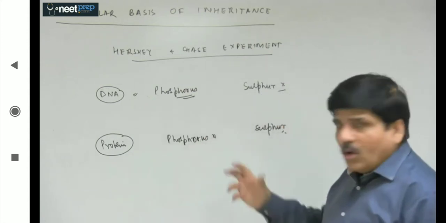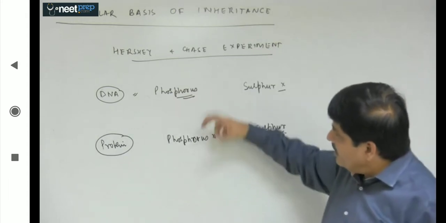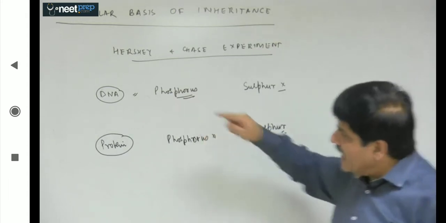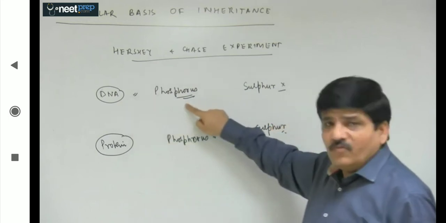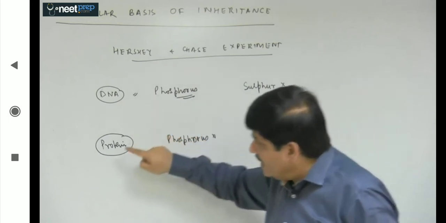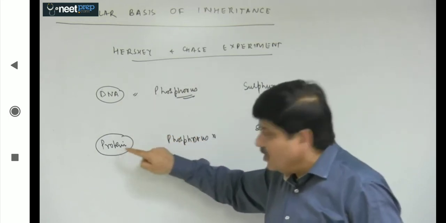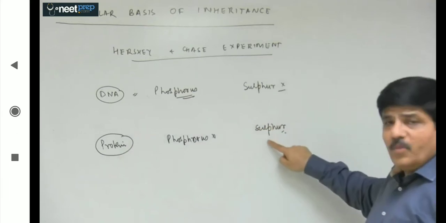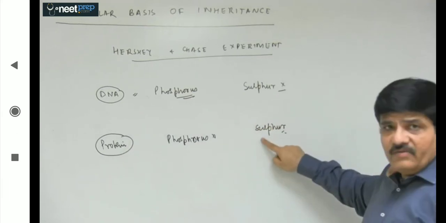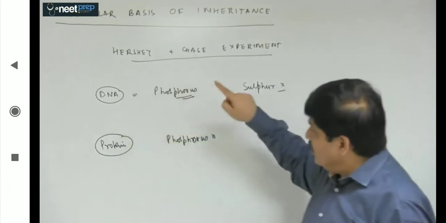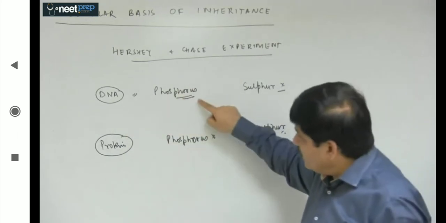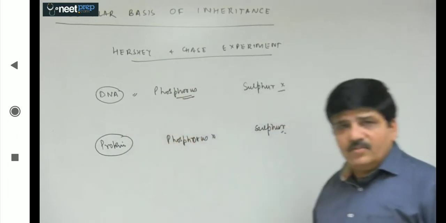So the idea was to differentially radioactively tag the two. You can tag DNA radioactively by using a radioactive isotope of phosphorus, and you can tag the protein by using a radioactive isotope of sulfur. A radioactive isotope of sulfur will not tag DNA, and a radioactive isotope of phosphorus will not tag the protein part.